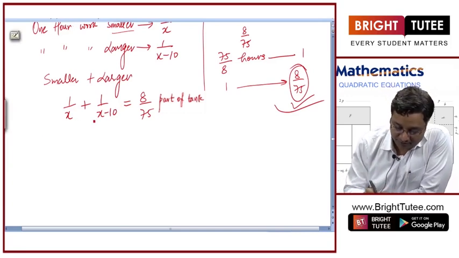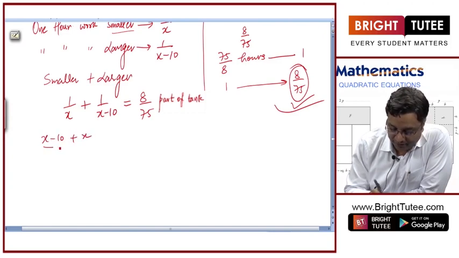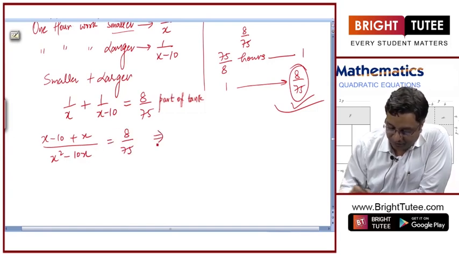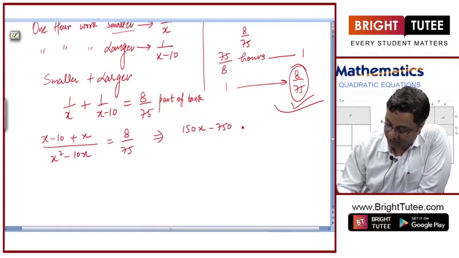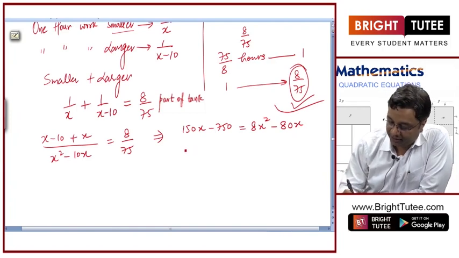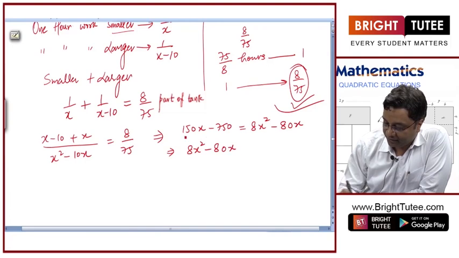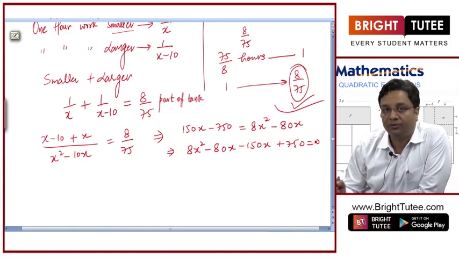So let's solve it. When I cross multiply, it will be x minus 10 plus x divided by x square minus 10x equal to 8 by 75. It will become 2x minus 10, so 150x minus 750 equals 8x square minus 80x, right? So 8x square minus 80x minus 150x plus 750 is equal to 0.